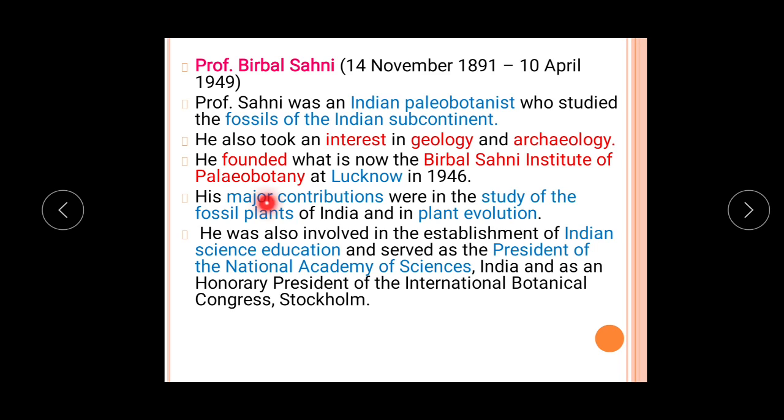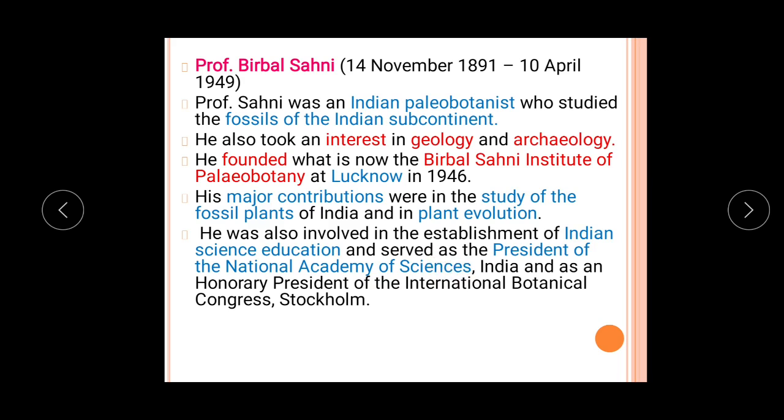His major contributions were in the study of the fossil plants of India and also in plant evolution. He was also involved in the establishment of Indian science education, and he served as the president of the National Academy of Sciences.